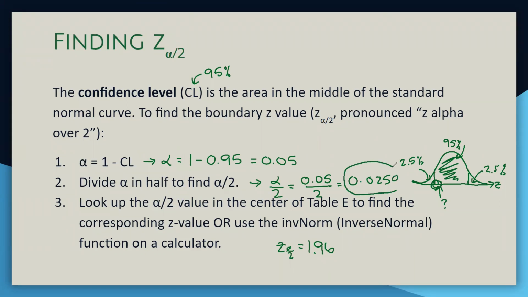You would need to find the number that is as close to 0.0250 as possible. And then you would read up to the top of the table and over to the side of the table to find those pieces of your z-score. Again, I don't expect that you're doing this. And if you are in fact using a calculator, there isn't any point in finding this z alpha over 2, but it is good to see where it comes from.